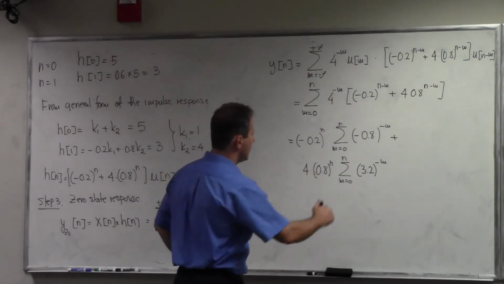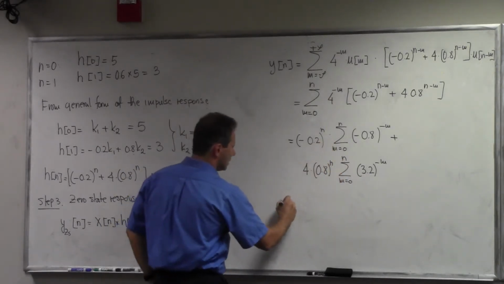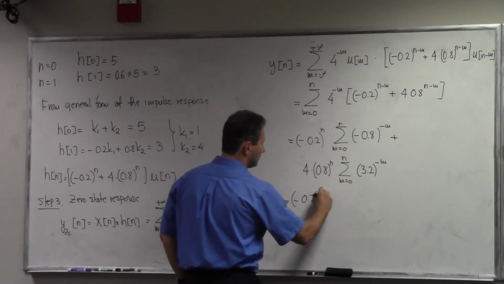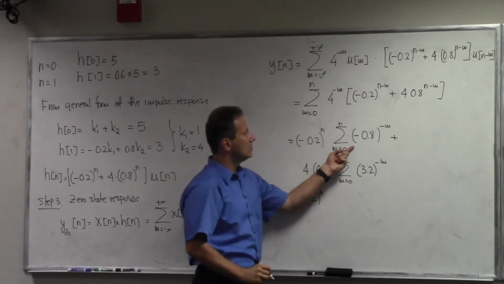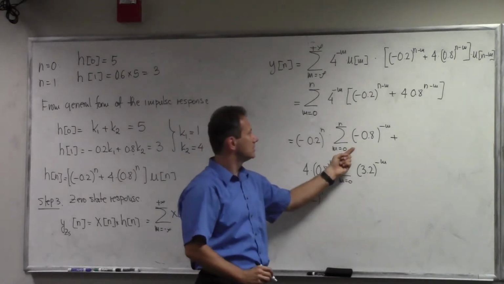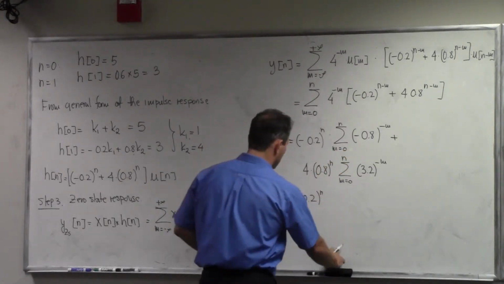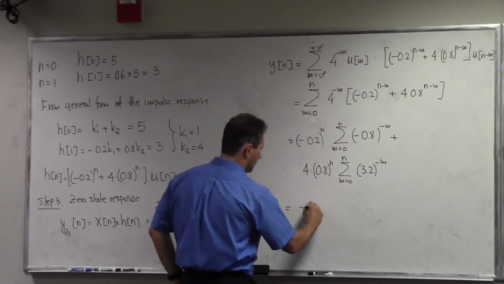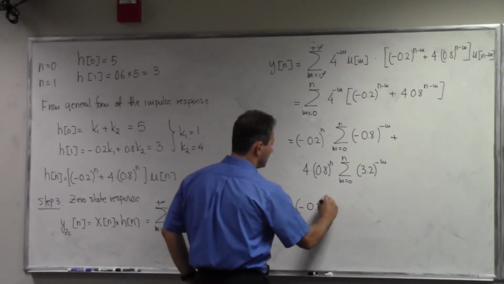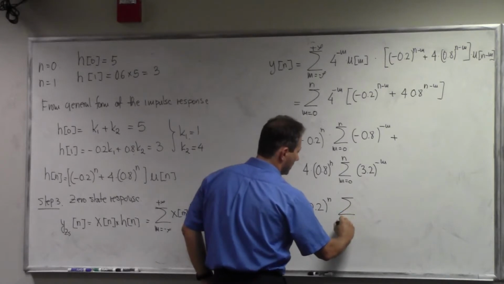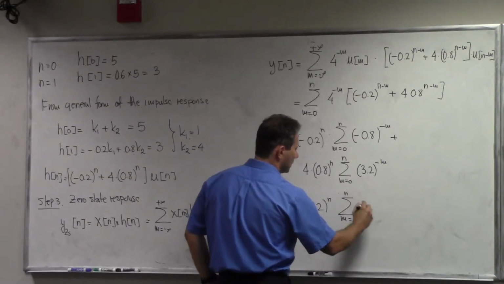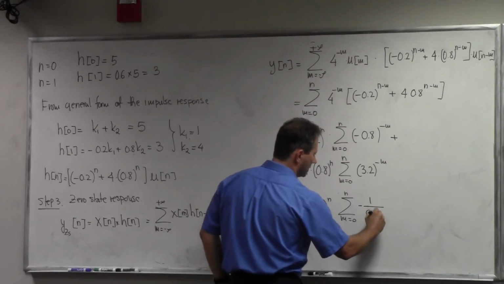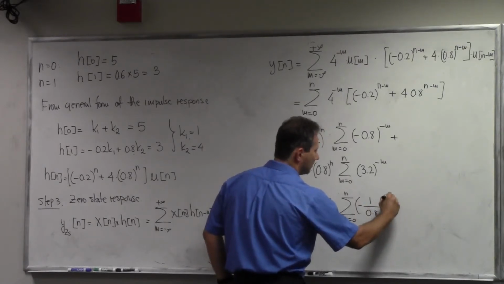we end up with. So we have two summations here. The first one, we have minus 0.2 to the n. And then this one here, we know how to sum this, right? This is essentially, let me rewrite it so that it fits our previous formula. So it's minus 0.2 to the n, sum when m goes from 0 to n, and then I'm going to have 1 over minus 0.8 to the n, right?